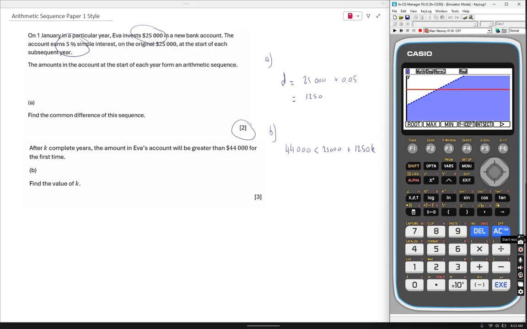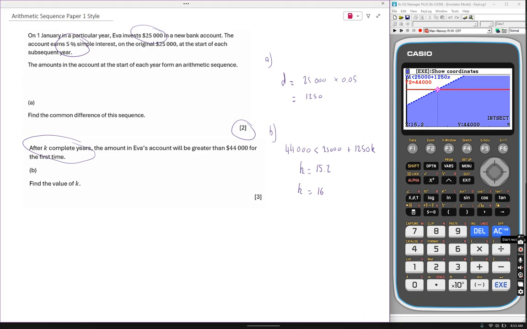If I go gsolve, intersection, I get an intersection right when k equals 15.2. 15.2 is not a valid answer for this because it says after k completed years. So we would need to round that up to 16. So k has to equal 16 completed years.